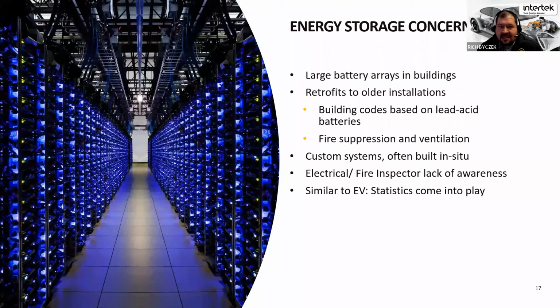Similar to EV, similar to consumer products, an array like this is hundreds of kilowatt hours of capacity, which means thousands of individual cells. And with even a 1 ppm rate or lower, you're going to have a single cell probably fail at some point within the life of this one battery array alone.